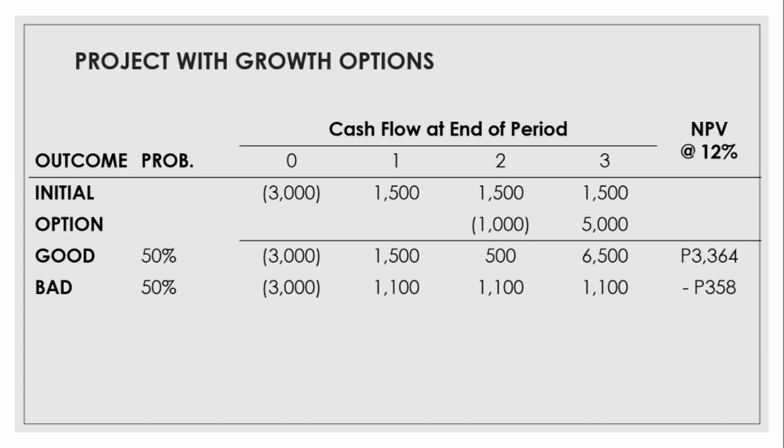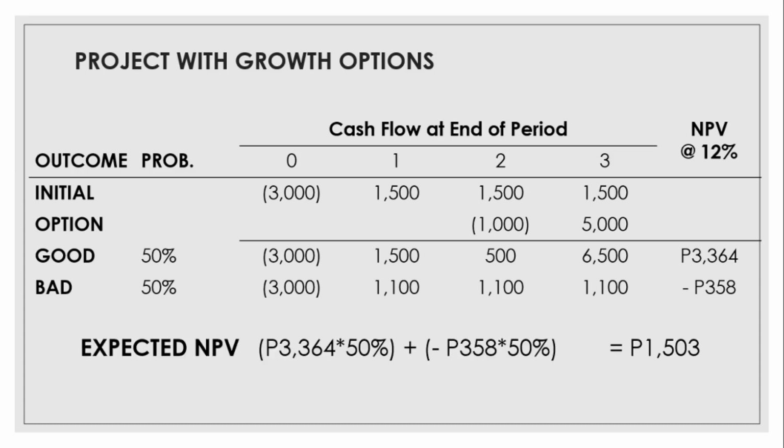Now, let's compute the weighted NPV or the expected NPV. So we have 3,364 times 50% plus negative 358 times 50%. And so we have 1,503 as our expected NPV. For the standard deviation, we have 1,861. Therefore, the risk associated with the project with growth option is 1,861.